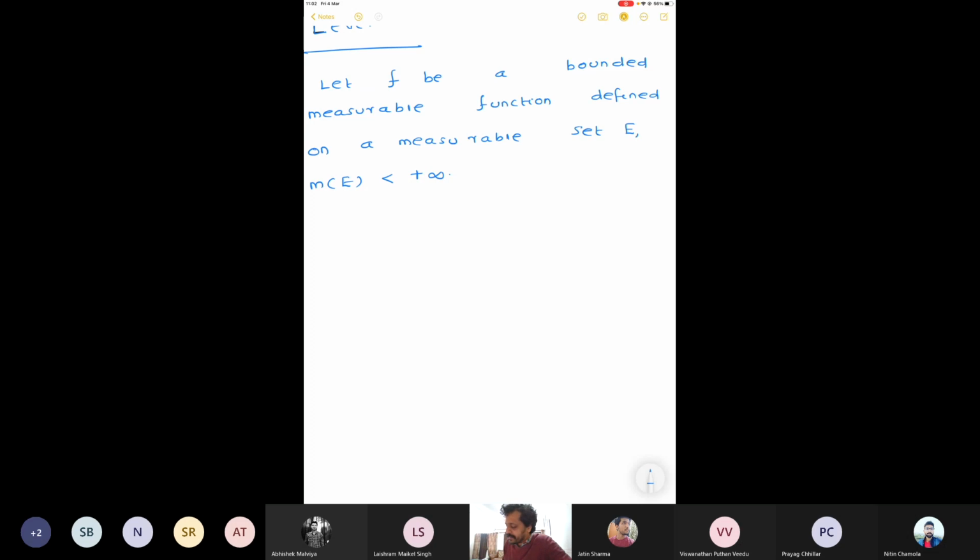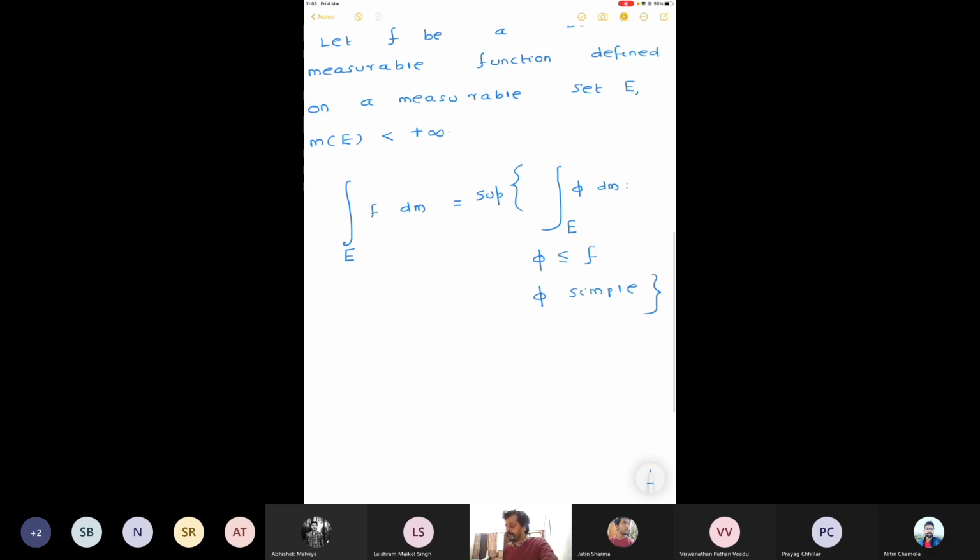The integral over E of f dm is equal to, right now we know only how to integrate simple functions, so you integrate those simple functions phi which are less than or equal to f, and then take the supremum of all such integrals. So you are underestimating the required integral and making the underestimate better and better.